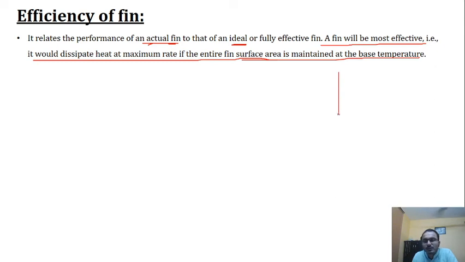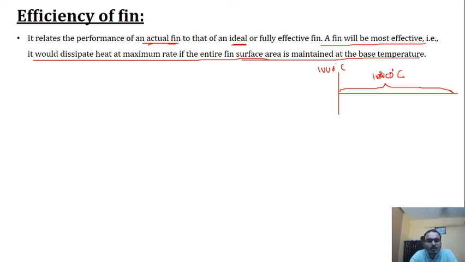So what is the meaning of this statement? Let us say that this is at 1000 degrees Celsius. The meaning is that this entire fin has to be at 1000 degrees Celsius. Then it will be most effective.